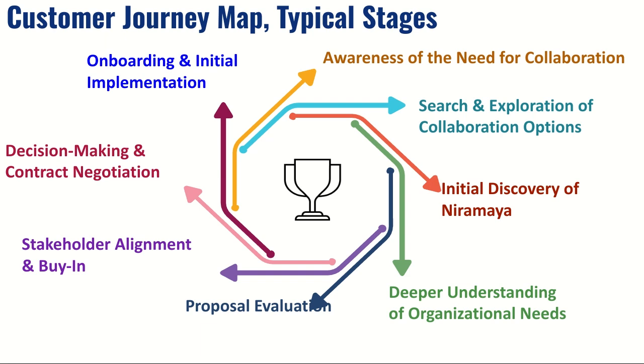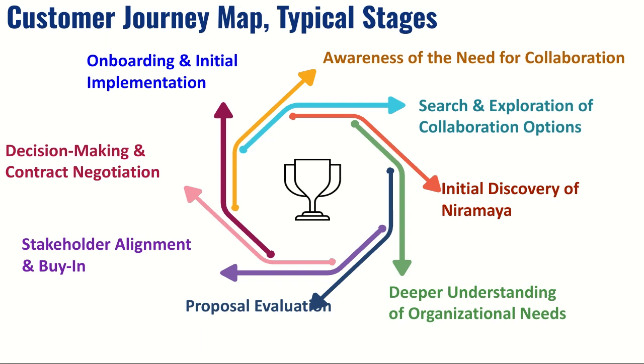At that earliest stage, when somebody like Gayatri becomes aware of the need for collaboration, is there a chance for Niramaya to be prominently figuring in that mind space? Stage 2 is search and exploration of collaboration options. Stage 3 is initial discovery of potential partners like Niramaya.